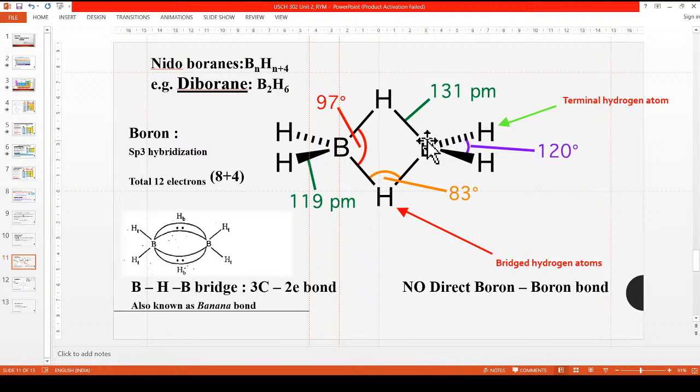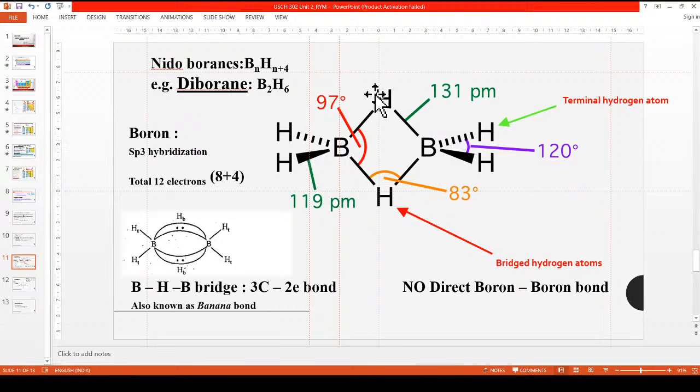Three centers are involved here, and when this is formed, what you are calling a banana bond, the 1s orbital of hydrogen overlaps with the sp3 hybrid orbital of boron.